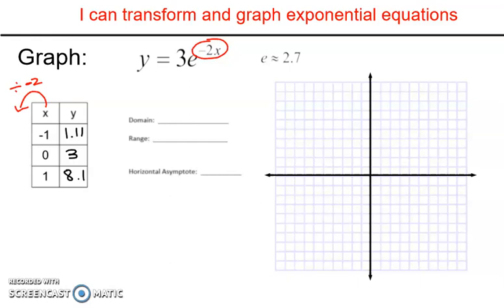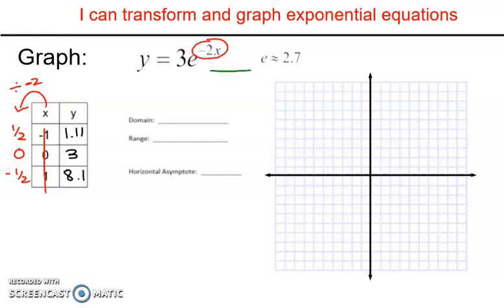We might have to remember back in our transformation unit that when you change the signs on the x's, it's going to reflect over the y. So that's going to look a little bit different to us. So let's see, I get +1/2, I get 0, and I get -1/2 for these values here. It looks like I don't change anything with the y's.